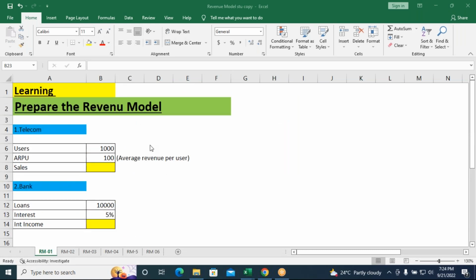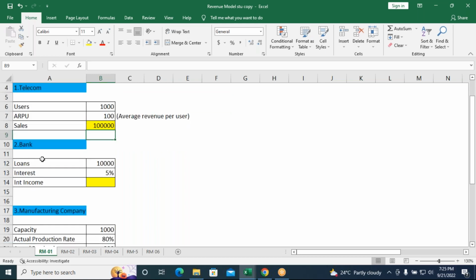Okay, let's start with the revenue model. The first one we are calculating is for telecom, and how the calculations will be done in the revenue model, in simple ways. Here, telecom, the users are 1000 members and the average revenue per user is given. We do a simple calculation: users into average revenue per user, and that will be my total sales.